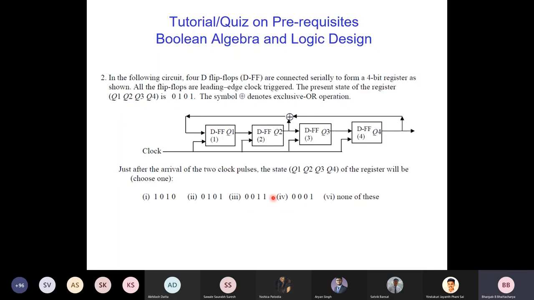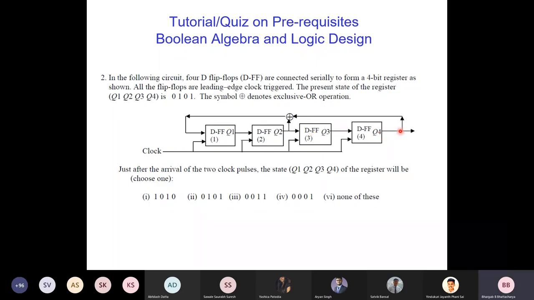So here, you are given D flip-flops. They are connected: the output of one D flip-flop is connected to the input of another D, and similarly the output of the second is connected to the input of the third, and so on.